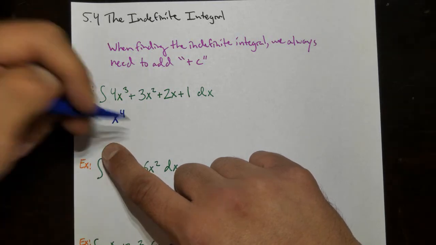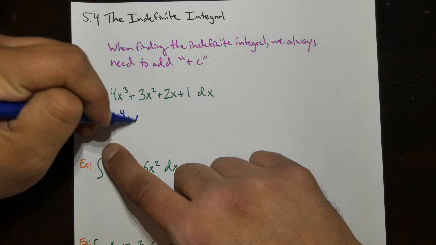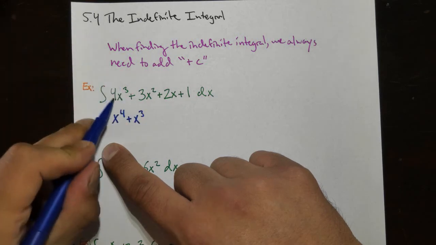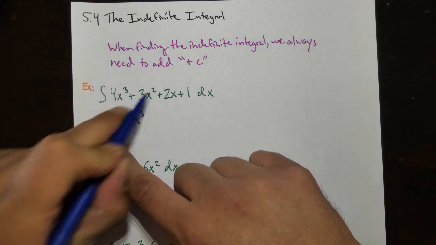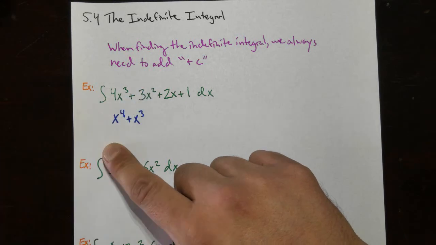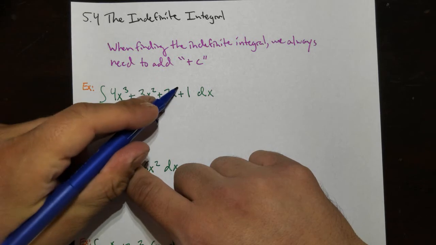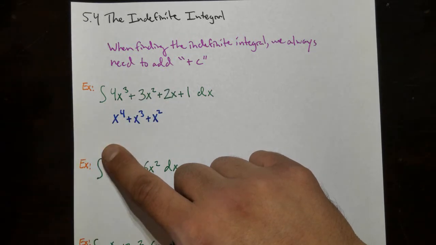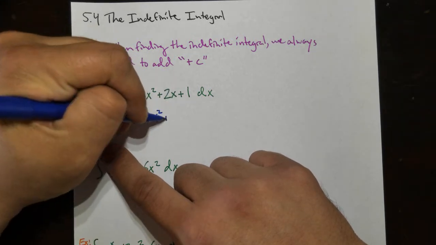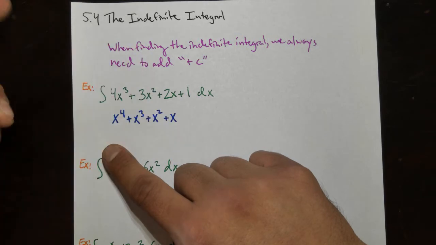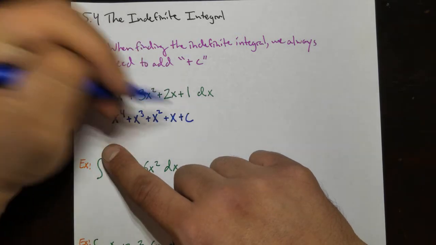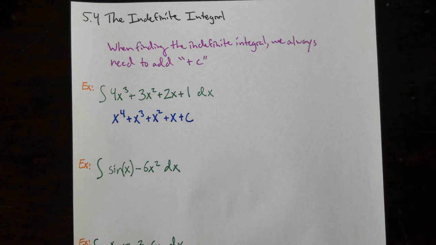This would just be x cubed. We raise the power to 4, divide by 4, we just get 1. Raise the power to 3, divide by 3, we just get 1. And this is just going to be x squared, right? We raise to the power of 2, divide by 2, get 1. And then plus, this 1 is an x, but we need to add plus c, just like that.